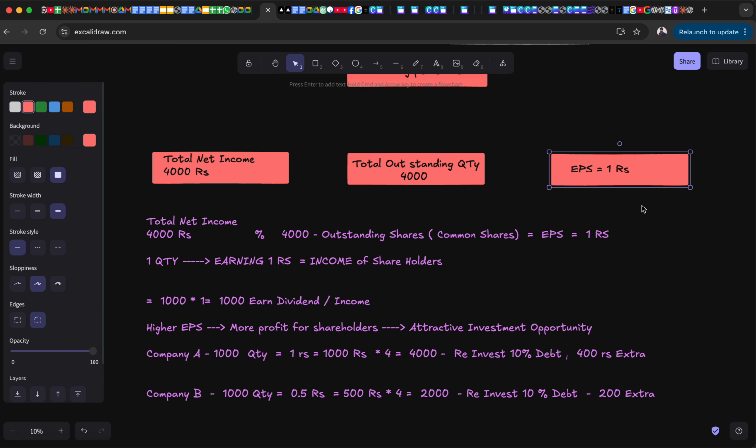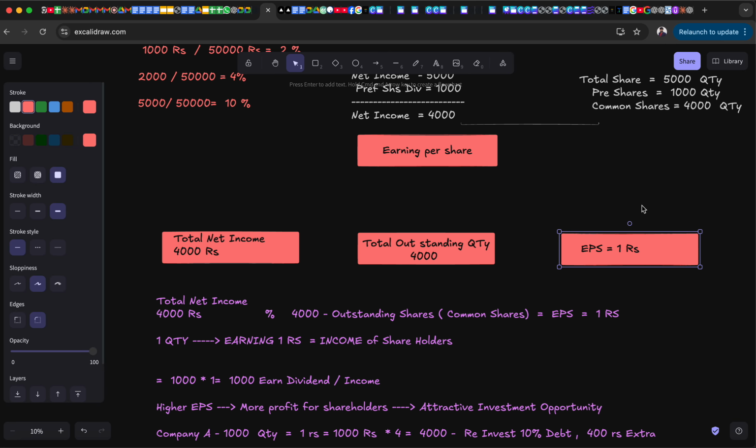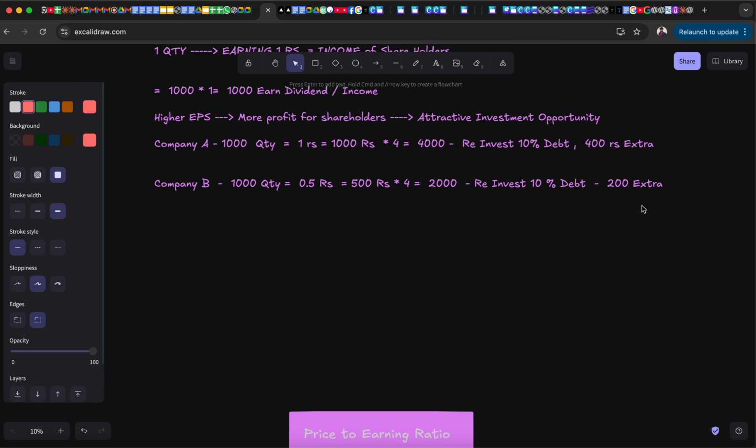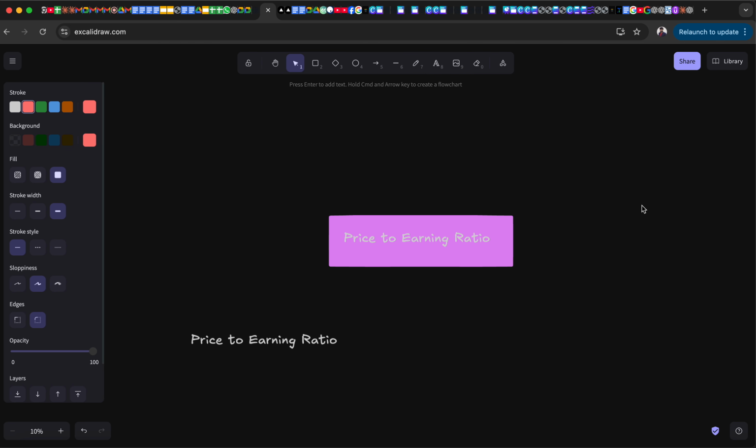In the price to earning ratio, we are talking about the price we pay in the market to purchase that particular stock. Let's say the purchase price is X. That price you can compare with earning per share. Earning per share means net income split across the number of outstanding units, but in price to earning we compare the earning per share with the market price.